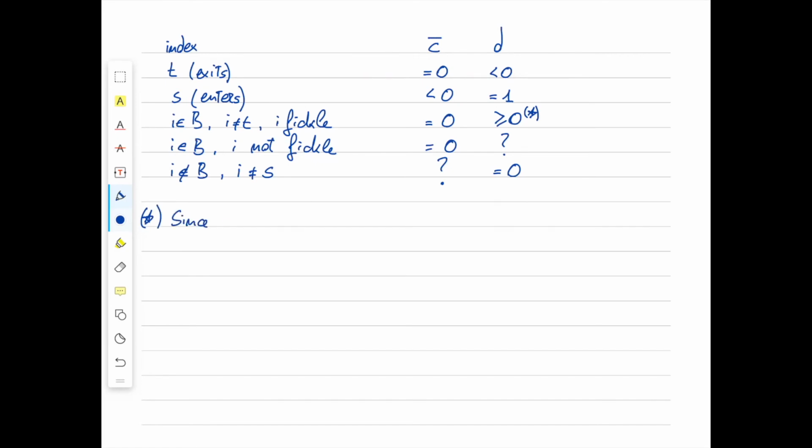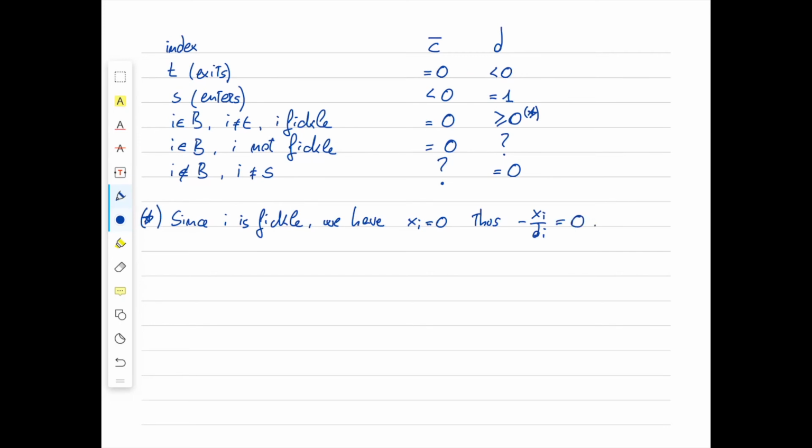So since I is Fickle, we have x_i equal to 0. Thus, the ratio that we consider when we choose the variable that exits the basis, minus x_i divided by d_i, is equal to 0, since x_i is 0.